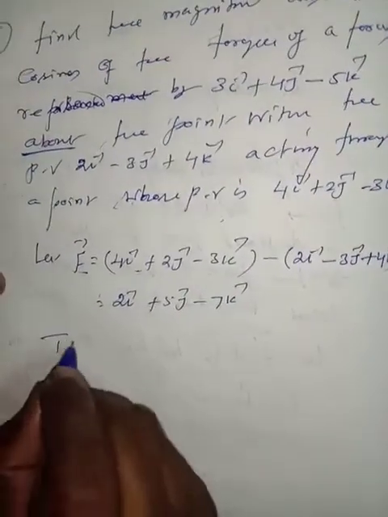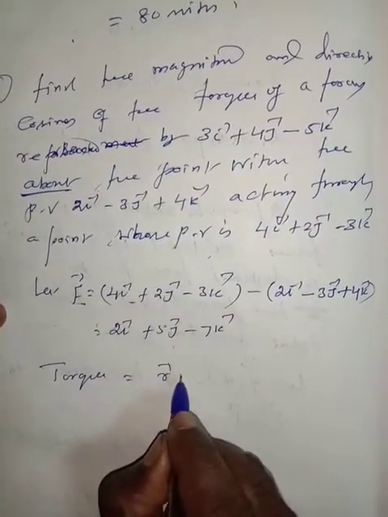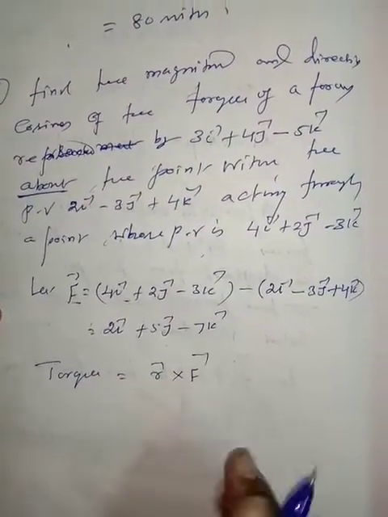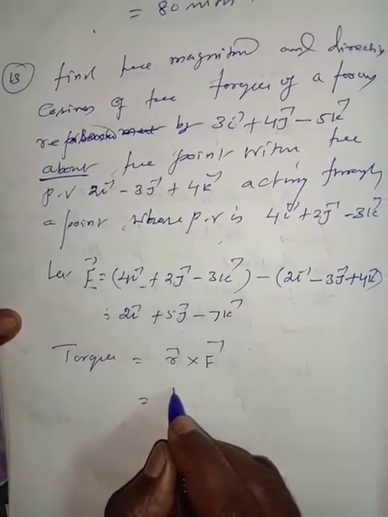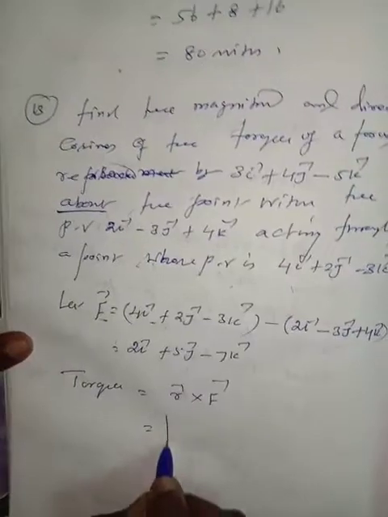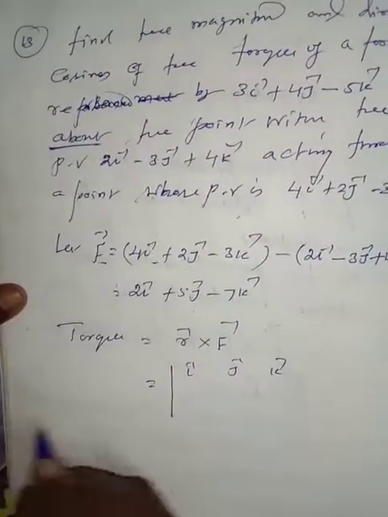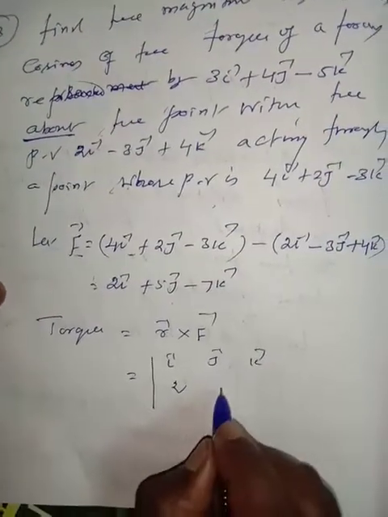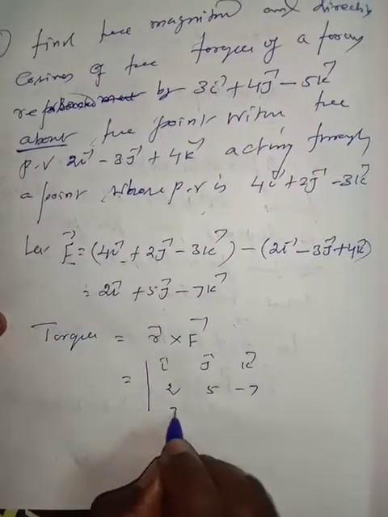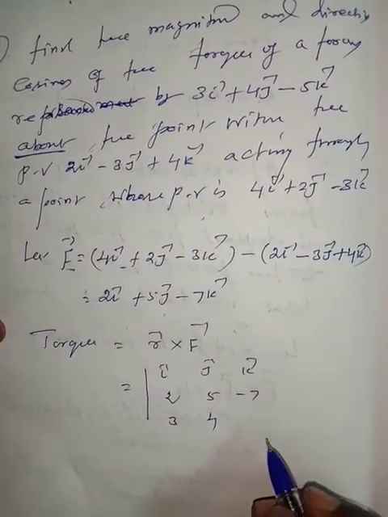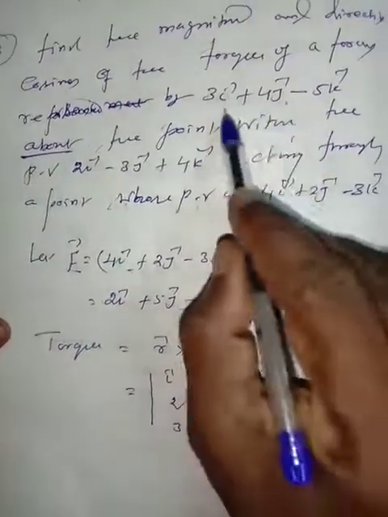Next, torque is equal to r vector cross F vector. R vector is 2i vector plus 5j vector minus 7k vector. Therefore i vector, j vector, k vector; 2, 5, minus 7; 3, 4, minus 5.